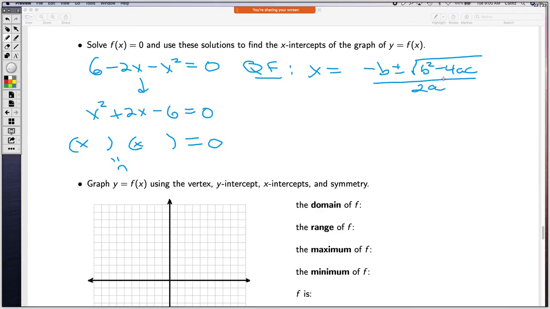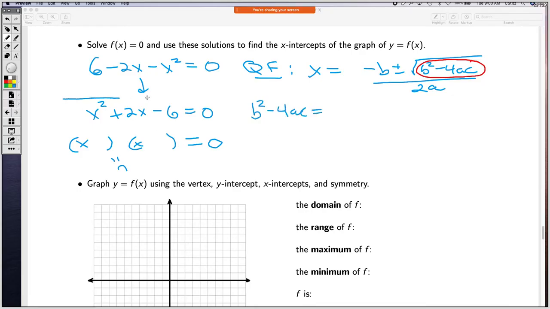When I go to plug stuff into the quadratic formula, the first thing I'm going to do is check out what's called the discriminant. The discriminant is this quantity here underneath the square root, the b squared minus 4ac. That's going to tell me what kind of answers I'm going to get, if I'm going to get any. So let's look at the b squared minus 4ac.